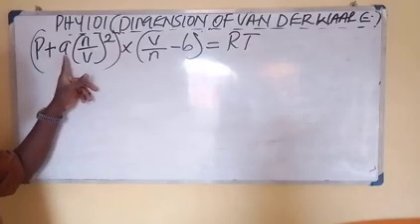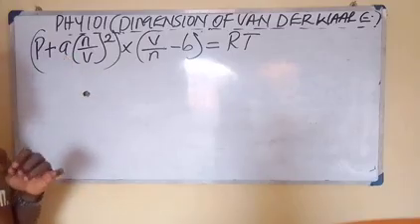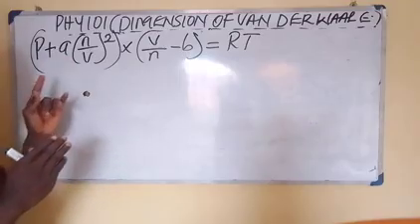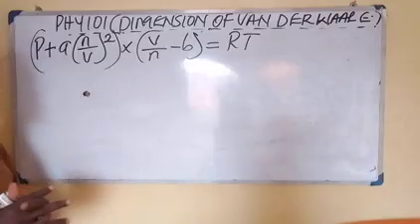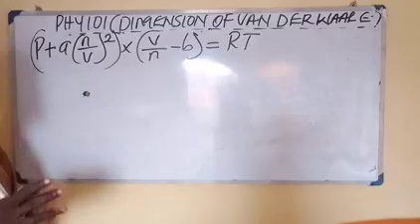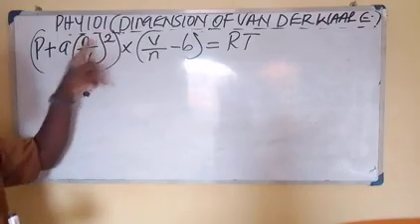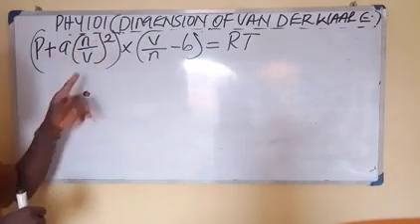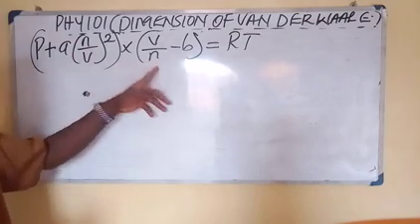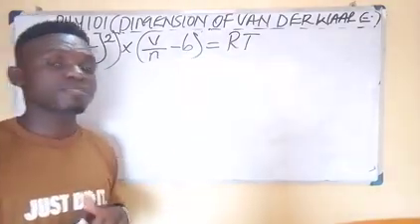Now the a, which we are trying to deduce, represents the intermolecular forces between the gaseous molecules. n stands for number of moles, and V stands for volume, which is in liters.